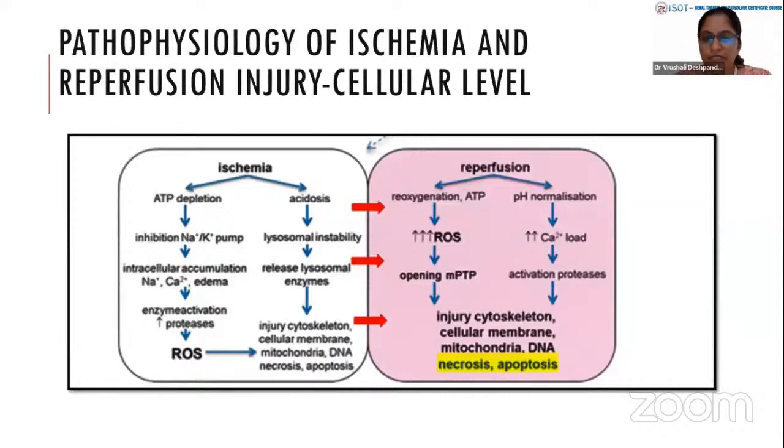Apart from that, there is increase in the intracellular calcium load, which activates various caspases and calpains, enzymes that initiate apoptosis. So the cell here is landing up in the injurious processes of necrosis, apoptosis, and autophagy.